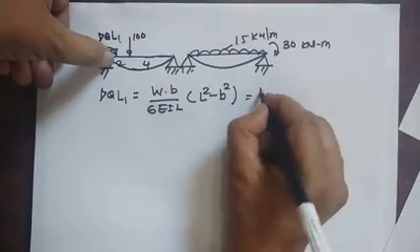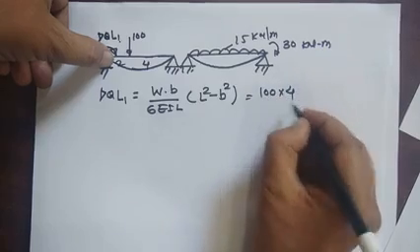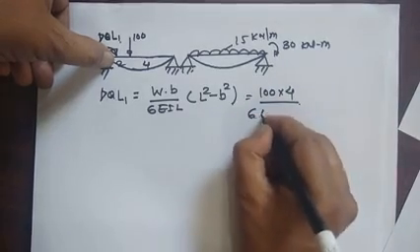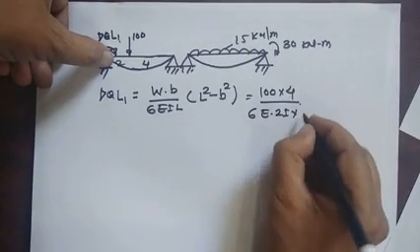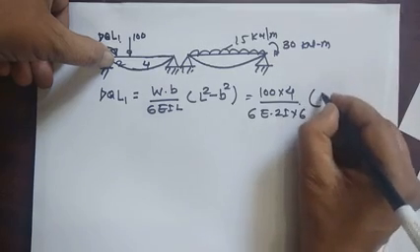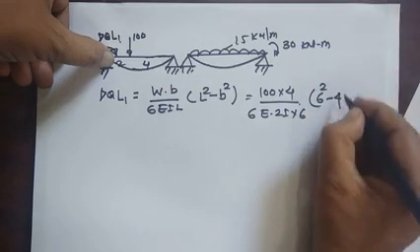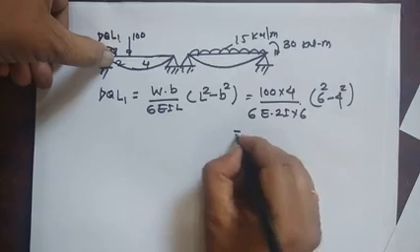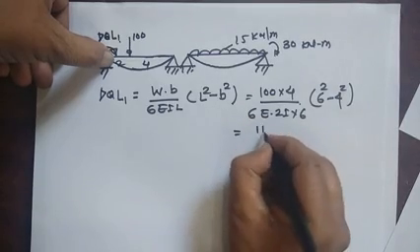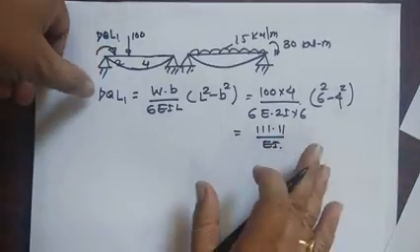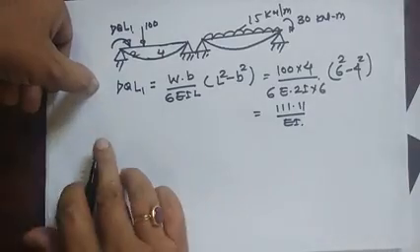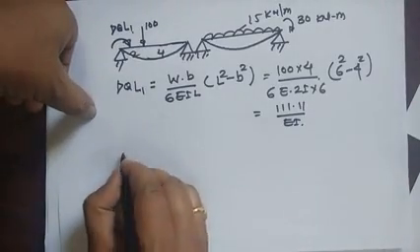So W is 100 into 4 divided by 6E into I is equal to 2I into L is equal to 6 into 6 square minus 4 square. So this value becomes 111.11 divided by EI. Now this is the DQL1. Now develop the DQL2.